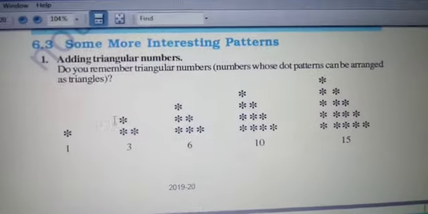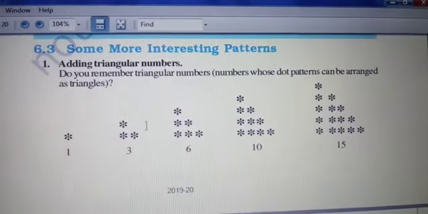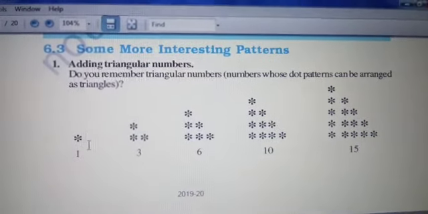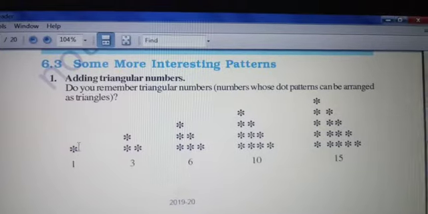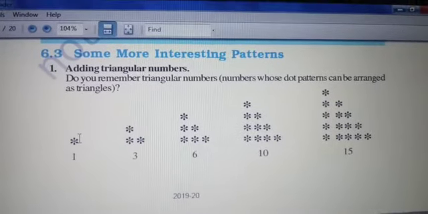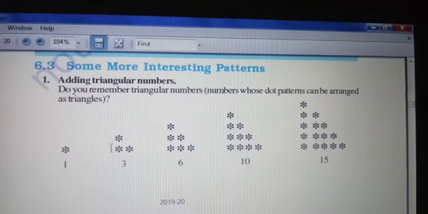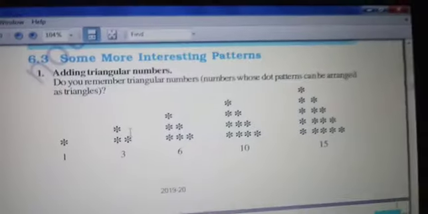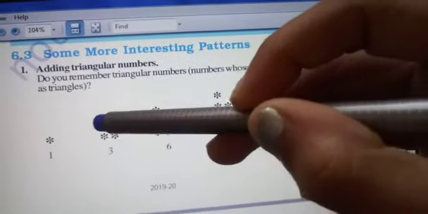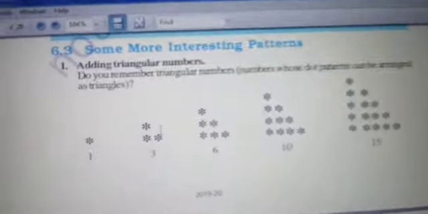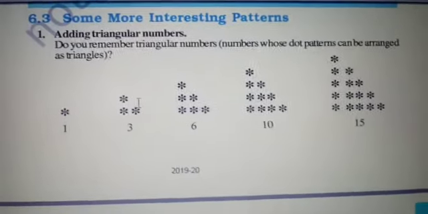We have already dealt with this type of triangular numbers. Do you remember? 1 means 1 star or 1 dot. 3 means, like this, an L shape framing a triangle. This is one small triangle. How many dots do we have here? 3 dots.